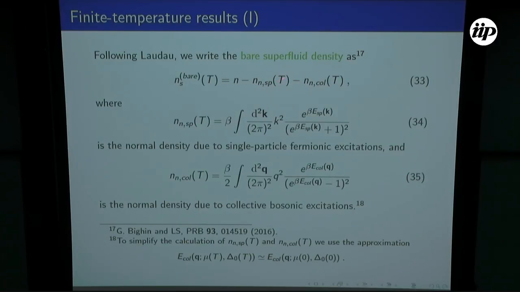But the normal density, in my approach, is written as the sum of two contributions: the normal density due to single particle fermionic excitations, and the contribution of the collective bosonic excitations. Epsilon, this capital E_SP and this capital E_collective. And you see here you have the fermionic contribution, because there is a plus, and here the bosonic one.